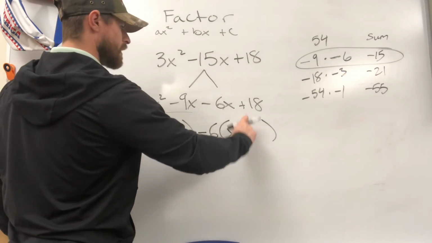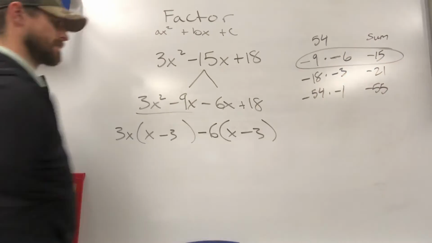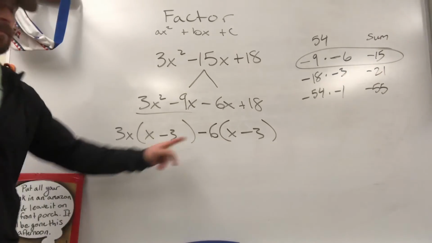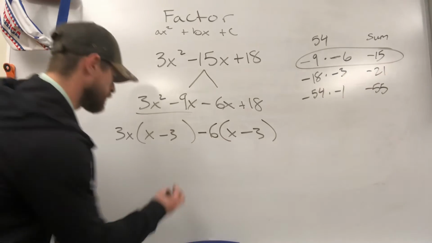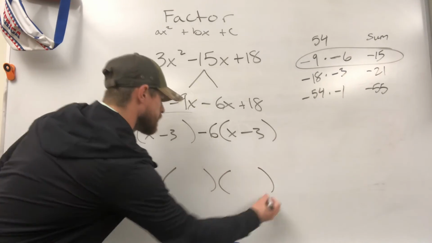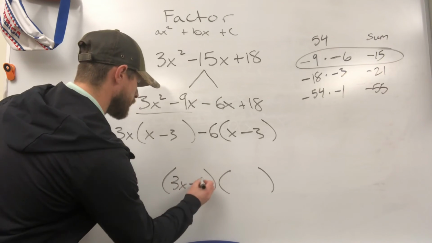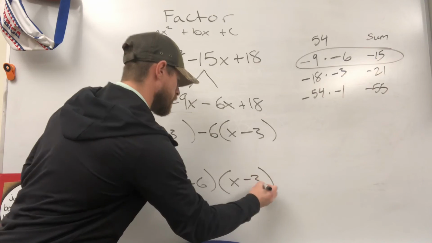Negative 6 times what makes negative 18? A negative times a negative makes the positive. I've got twins. Life is good, okay? Only time I've ever wanted twins in my life, right here. So boom and boom. 3x minus 6 came from my GCFs. X minus 3 are my twins.